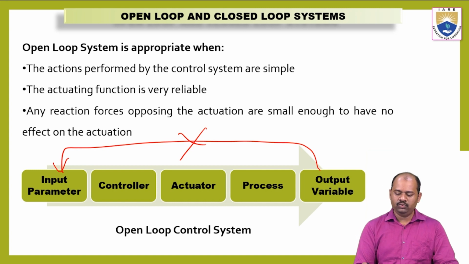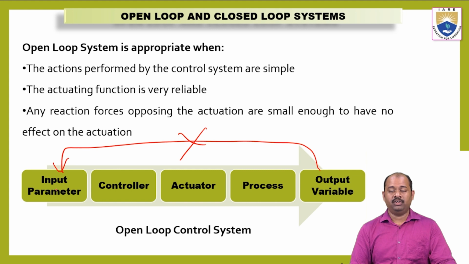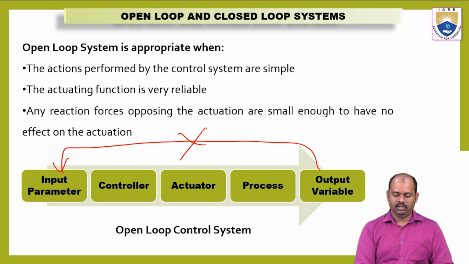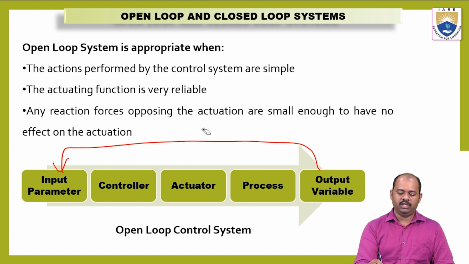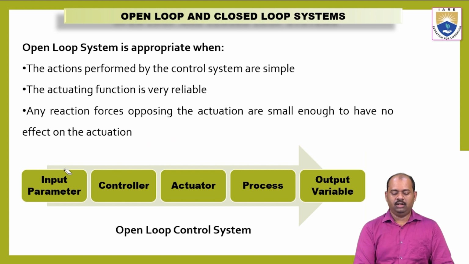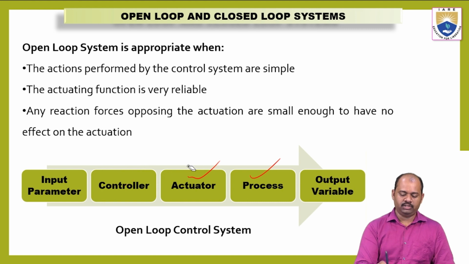There is no need to interact the output variables with the input parameter, because we consider that this is an accurate model and it is done as accurately as the given inputs. That is why there is no feedback system here, and only the controller, actuator and process are required. These three are required in order to control a system and complete a process.